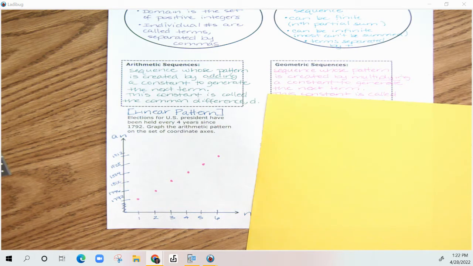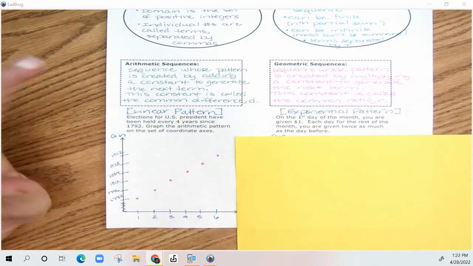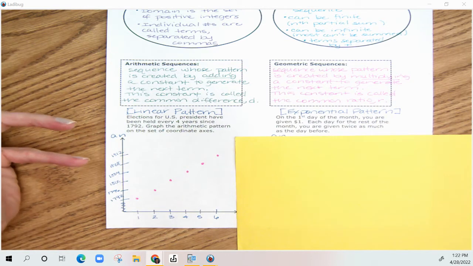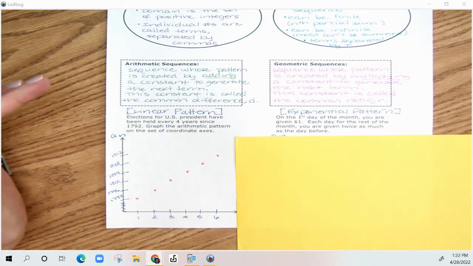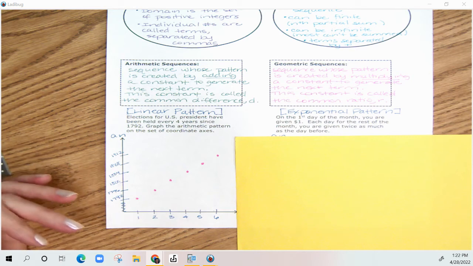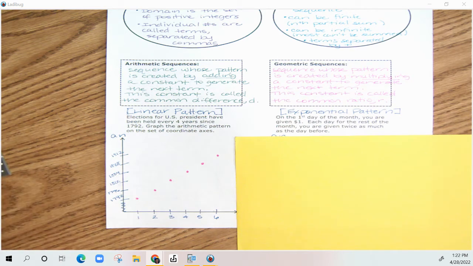A geometric sequence is an exponential pattern, and depending on how fast it's growing or decaying, it might take a few terms to actually see that develop. So I changed the example to: on the first day of the month, you are given $1. Each day for the rest of the month, you are given twice as much as the day before.